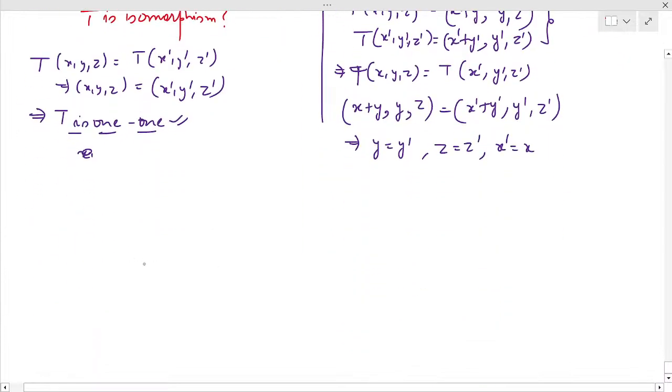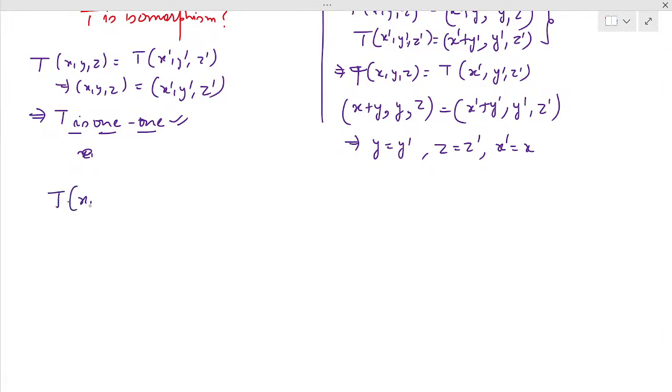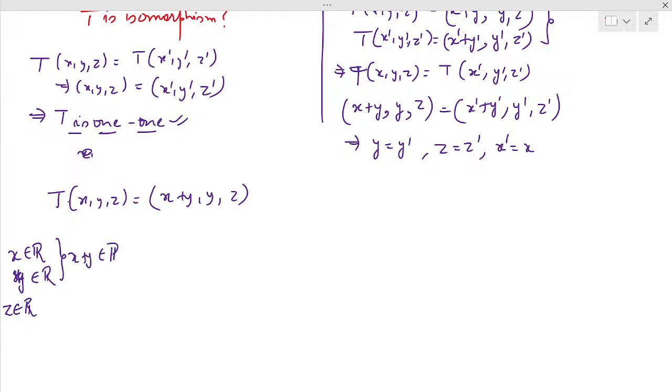Now one other thing is very important. If T of x comma y comma z is given by x plus y comma y comma z, understand that x belongs to R, so x plus y also belongs to R, y belongs to R, and z belongs to R. All of these three things belong to R. Overall, the entire thing will be equal to R cube.